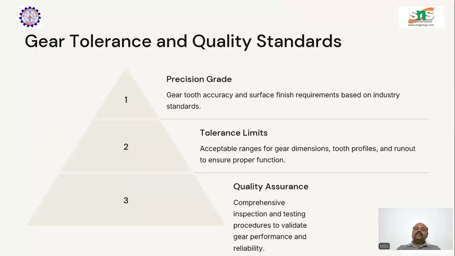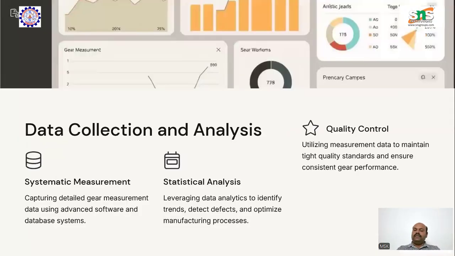Coming to the gear tolerance and quality standards, precision grade is very important, tolerance limit is very important, and we have to ensure the quality. When we do this gear measurement, we have to follow systematic measuring methods, and the data obtained has to be analyzed statistically to identify the trends and defects.